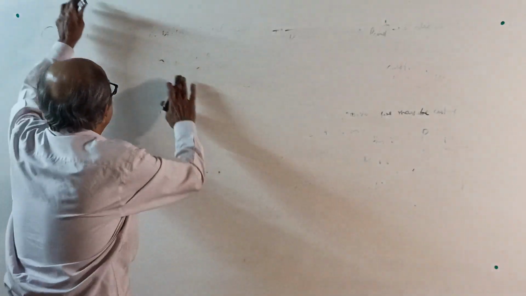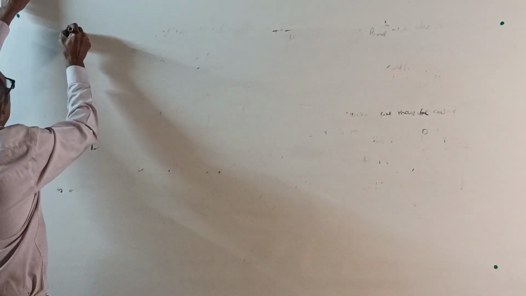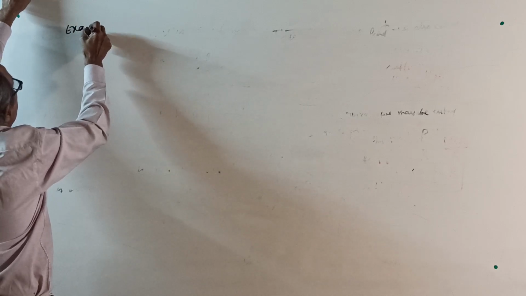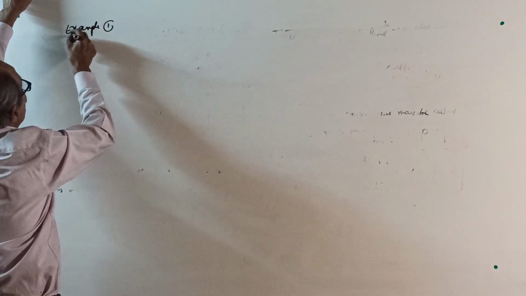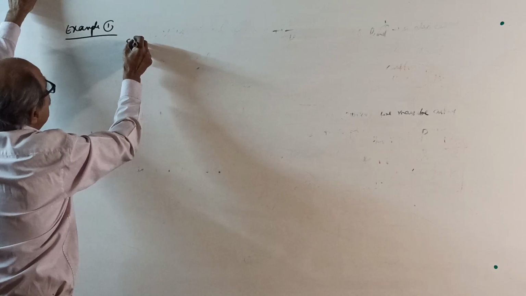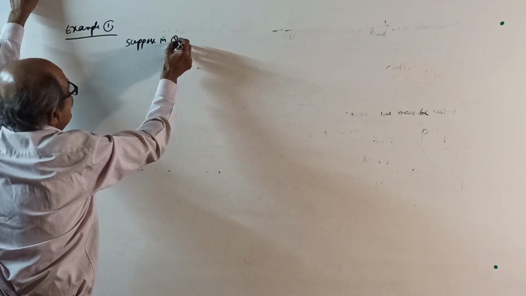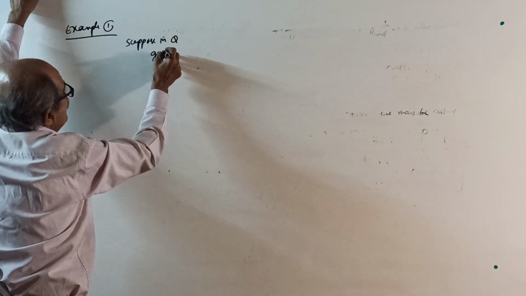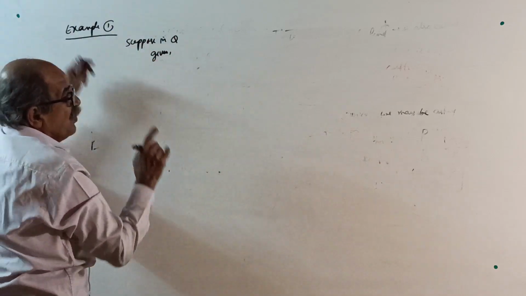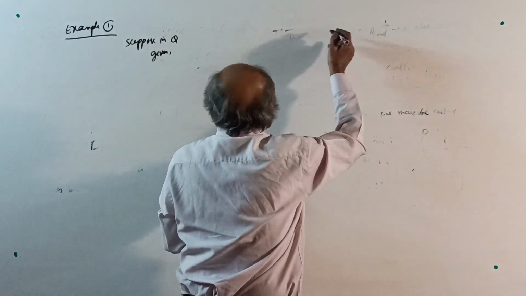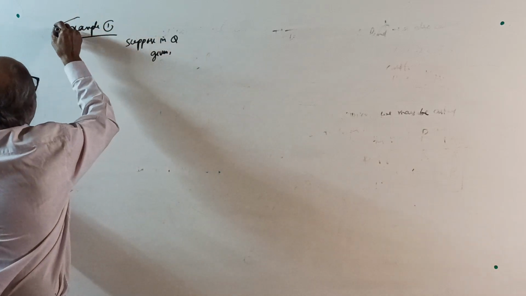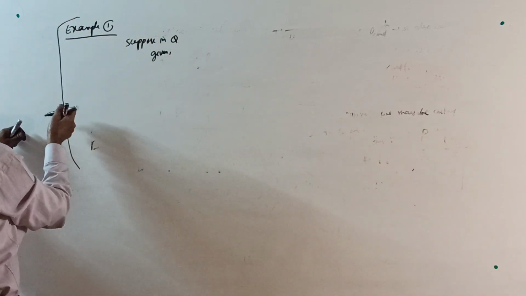See, example 1, a simple example, not question 1. Suppose in a question it is given, first of all, remember, all these examples are for limiting friction. I told you thousands of times.